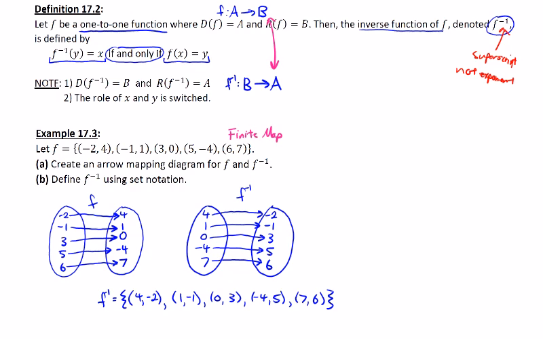But there's so many interesting things that happen when you do that and then start comparing the function that you started with to the inverse function, as we saw with example 17.2, where we saw the line of reflection, we saw the opposite operations in the reverse order, and then we saw the compositions and what they did. So very interesting things that happen when we create these maps using an inverse relationship.